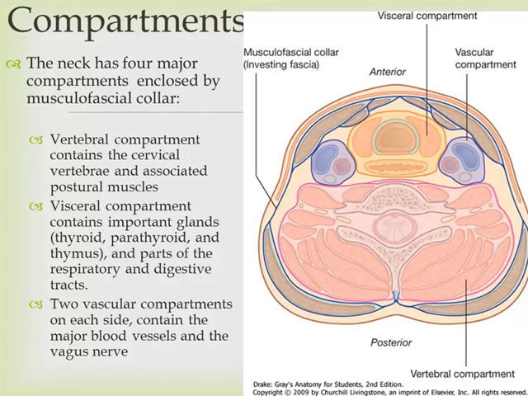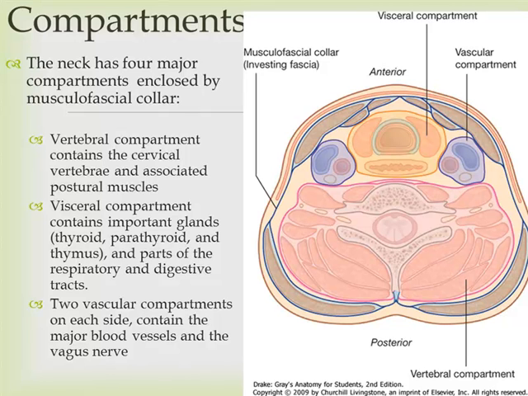But before we do that, we're going to look at a cross section in the neck region. In a cross section of the neck, you obviously will have the vertebral column in the back, and also the associated neck back muscles around the vertebral column. We talked about some of these muscles when we studied the suboccipital triangle dissection in the first semester.